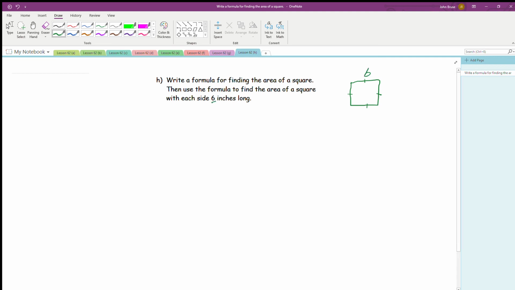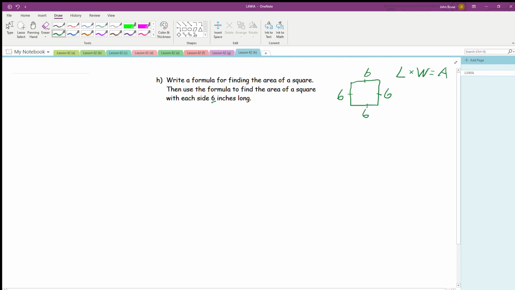So if this side is 6, then this side would be 6, this side would be 6, and this side would be 6. And we know that when we find the area for a rectangle, we multiply the length times the width to get the area.